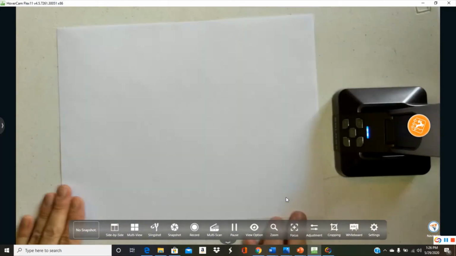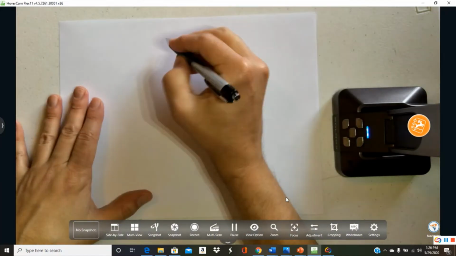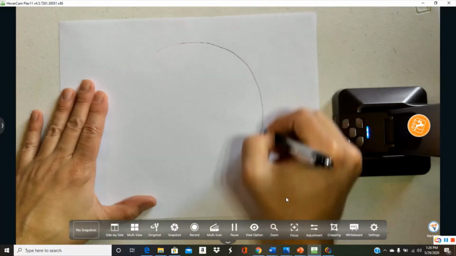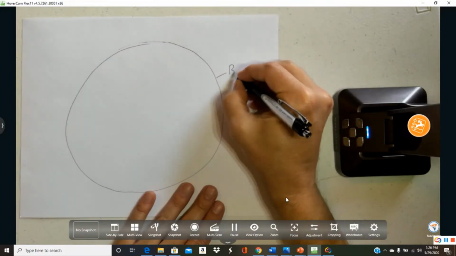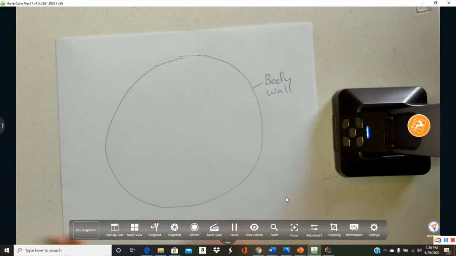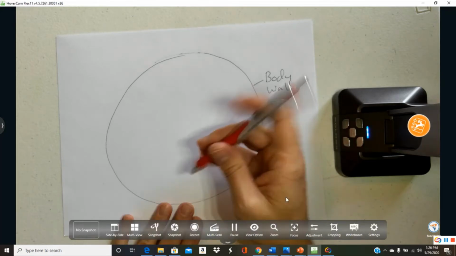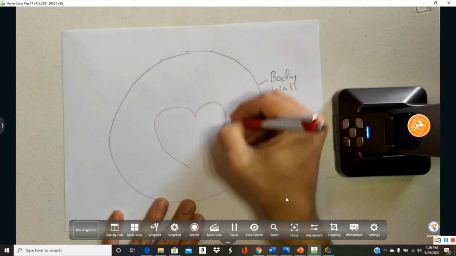But we're going to do the pericardium again. We're going to start off with a circle here, and I'm going to label that the body wall, so that would be the chest wall. Then we're going to draw our heart there. We're going to draw the most anatomically accurate heart that we ever have.